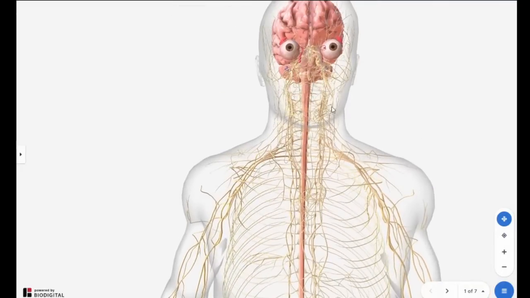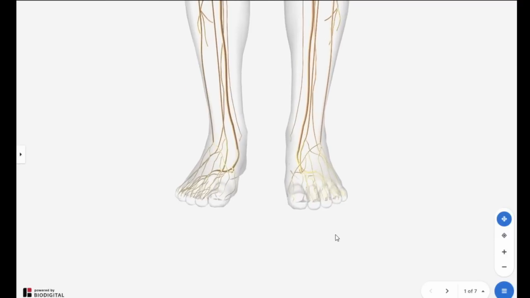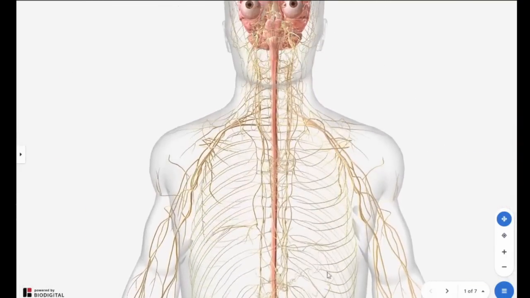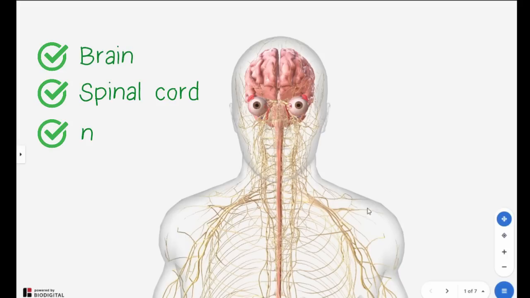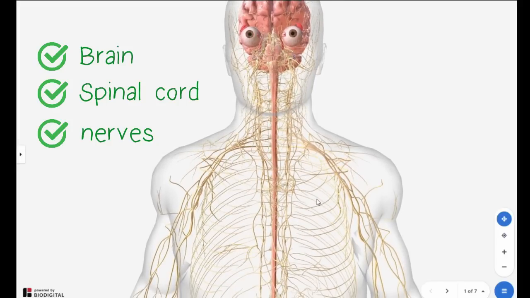It also has parts that are connected all the way up to our feet. So what does this mean? I just want to correct the misconception that the nervous system only talks about the brain and the spinal cord. The nervous system consists of the brain, the spinal cord, and all of the nerves that are connected to the different parts of the body.